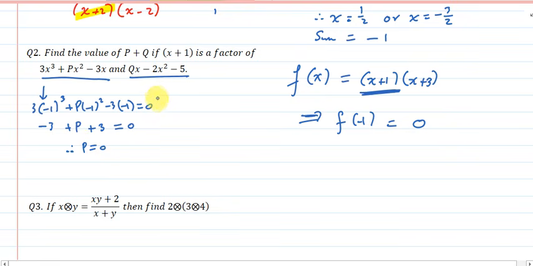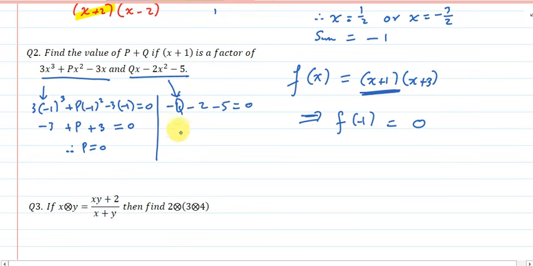Let's look at what the answer for q is. Remember, we're going to substitute minus 1 inside here. So we're getting minus 1 in the place of x. For this expression here, it is minus 1 minus 2 into minus 1 squared, which is minus 2, sorry, that's minus 1 times q, which is minus q, minus 2 minus 5 is equal to 0.